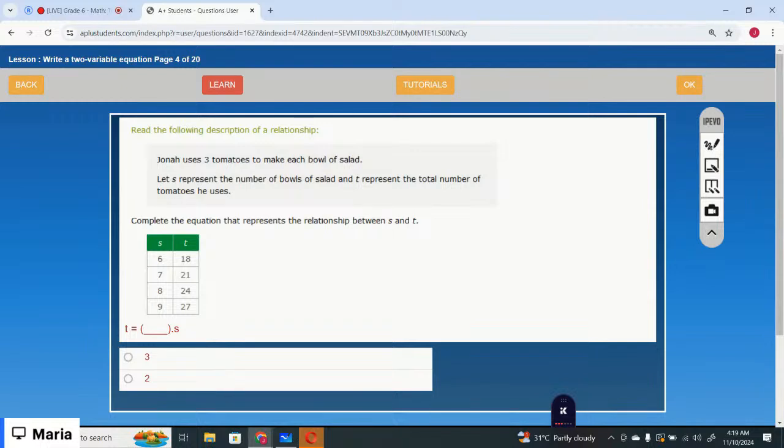Complete the equation that represents the relationship between S and T. T equals the missing number times S. So, which is the correct option?